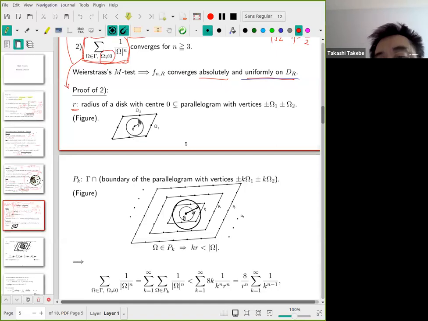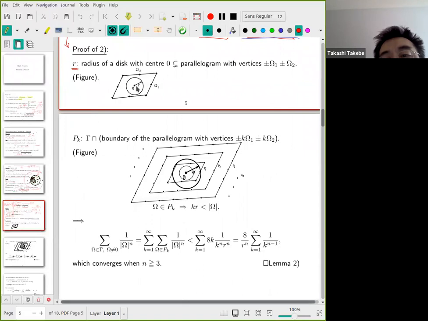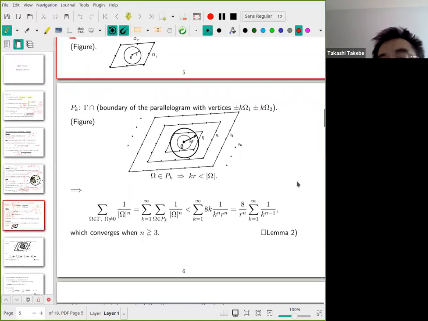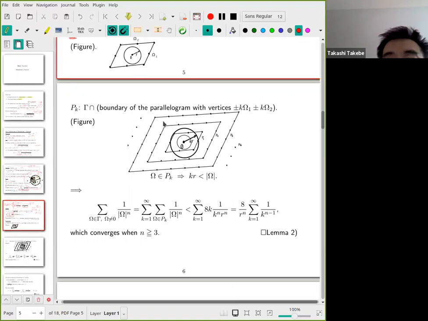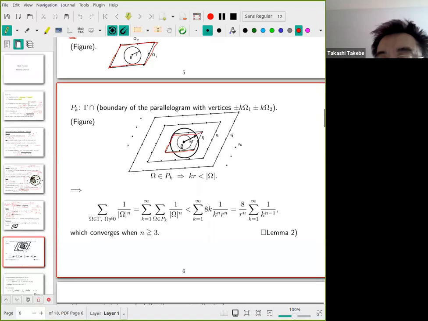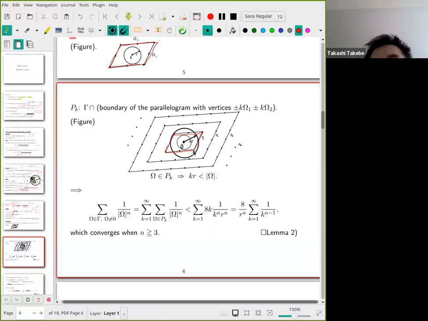The circle disk with radius r is included in the smallest parallelogram around 0. This parallelogram is, in this larger picture, here.